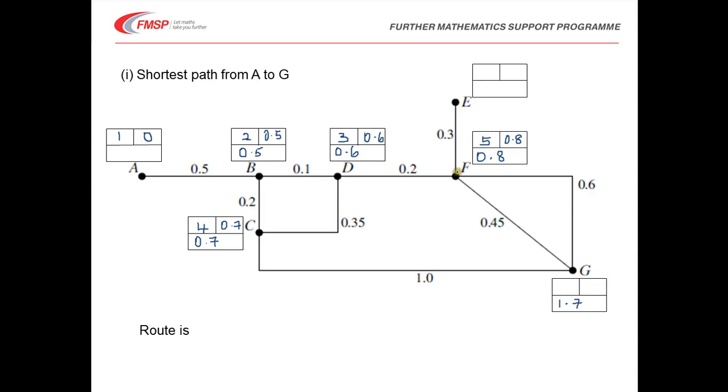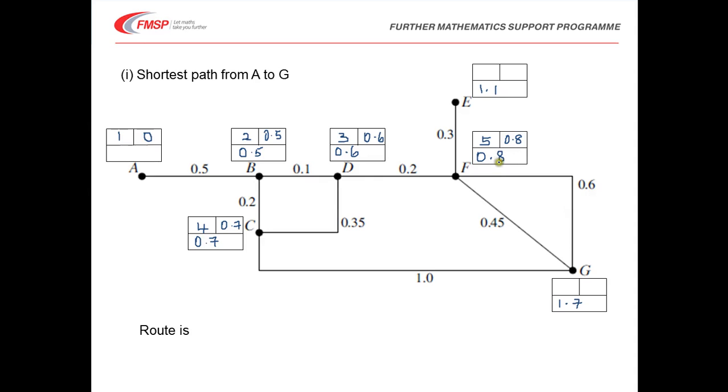Now we're at F, so we think about where we can go. We could go to E, which would be 1.1. We could go from F to G this way, which would be 0.8 plus 0.45. Or we could go from F to G this way, which is 0.8 plus 0.6, but that is bigger, so we're not likely to do that.